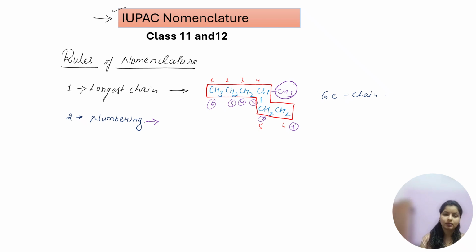That depends on what is present: if you have any substituent, any functional group, or the third case, a bond. These things are important, so you need to go with the priority. First of all, go with the functional group, then bonds, and then substituents. This must be your priority.